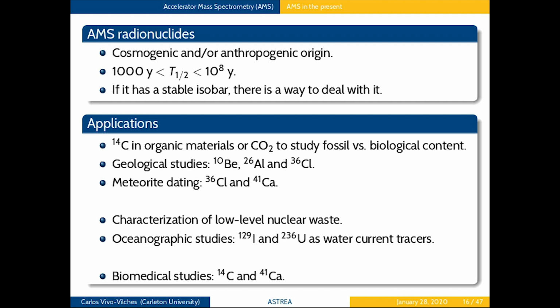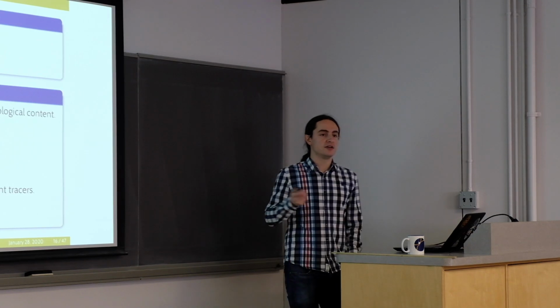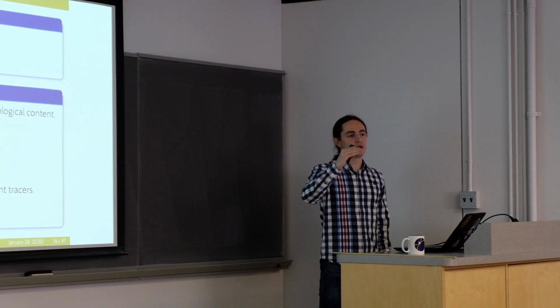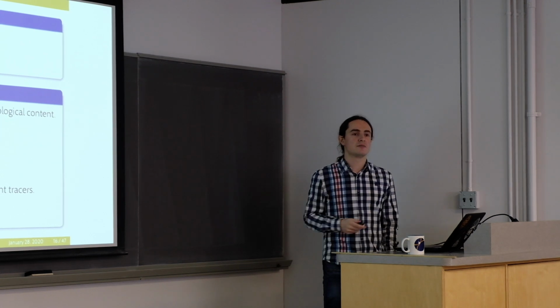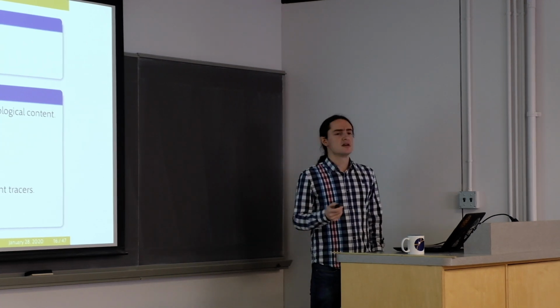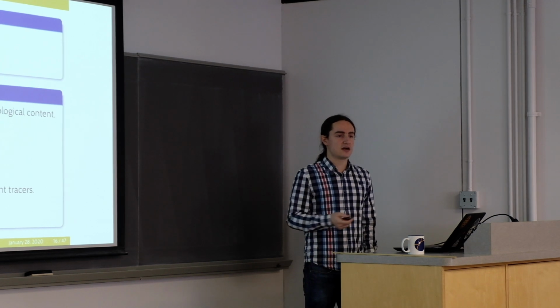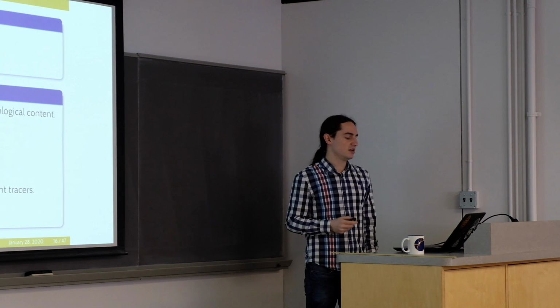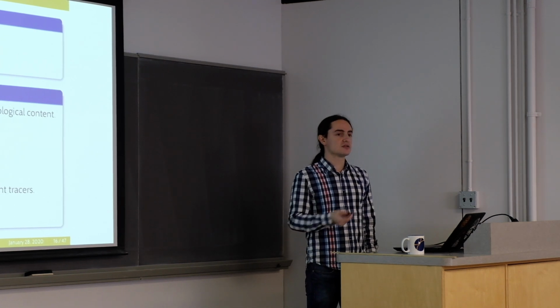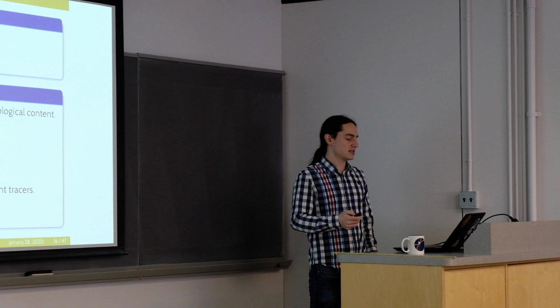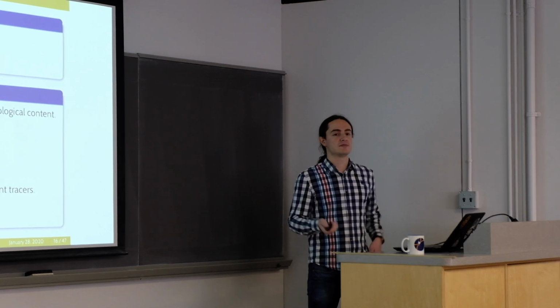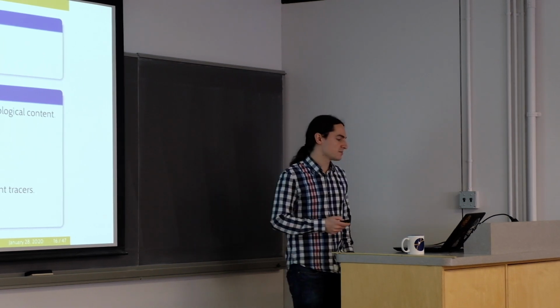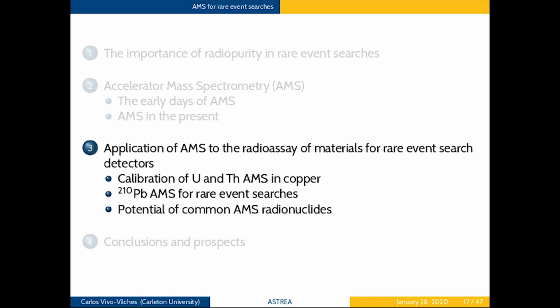Also, some cosmogenic radionuclides are used to date geological material or meteorites. Also, some anthropogenic ones are used in the characterization of waste or as tracers in water currents. And also, C14 and calcium-41 are used as tracers in some metabolism studies to trace metabolism changes. So, our application is something that has not been used so much in AMS.